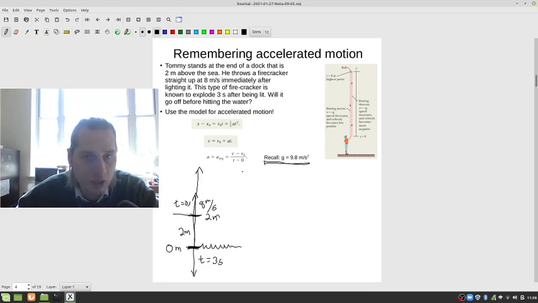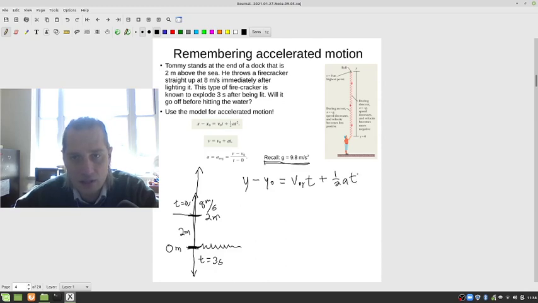And if we're going to use our accelerated motion model, what we want to do is figure out where that firecracker is going to be at 3 seconds. So let's see, what do we have? We have y minus y naught equals v naught in the y direction times t plus 1/2 at squared.